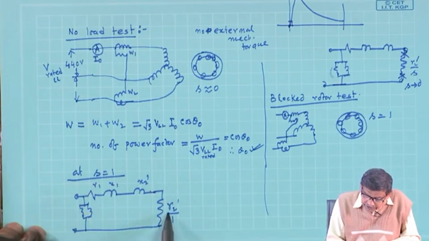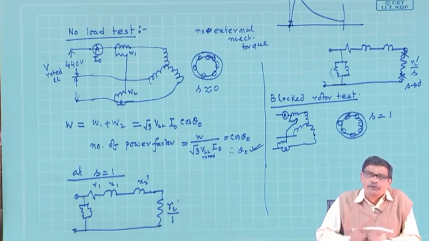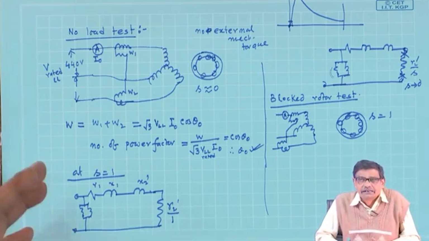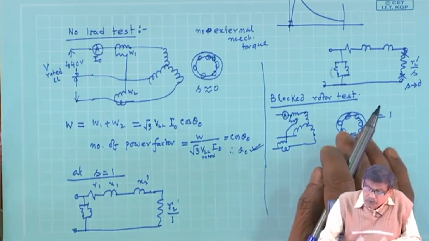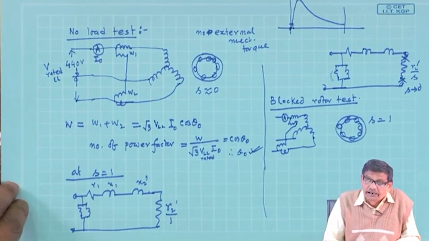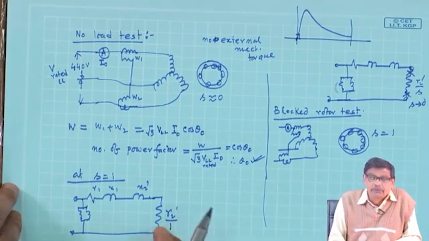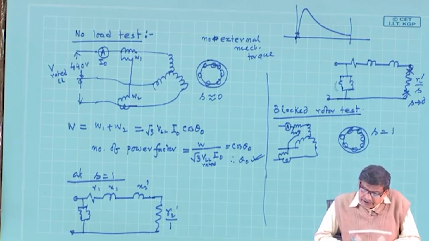When the machine is operating at full load condition, S is some 0.04, this resistance increases manifold and full load current is 10 ampere. But now, with the rotor not allowed to move and full voltage applied, this current will be excessively large.